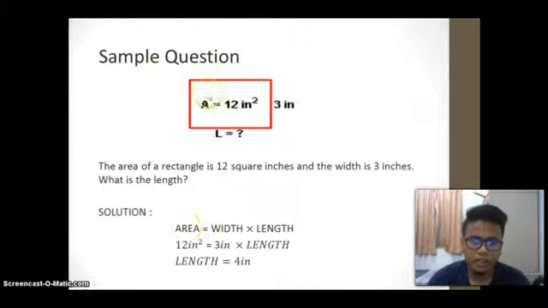We substitute the area, which is 12 inch square, equal to width, which is 3 inch, times the length, which we don't know because we need to find it. After we calculate, 12 divided by 3, the answer is 4 inch.